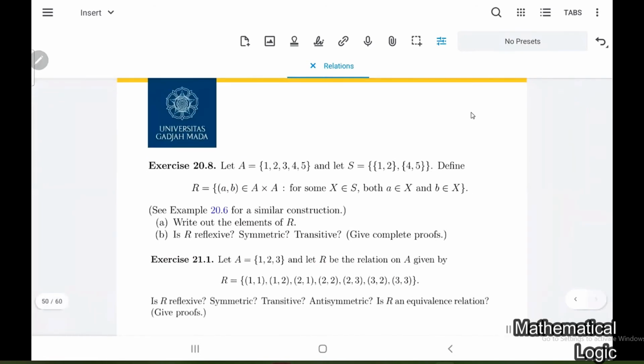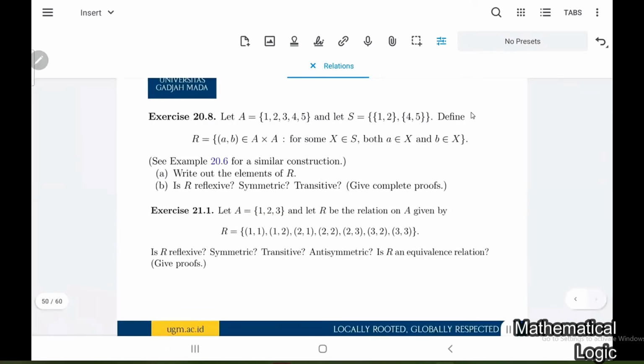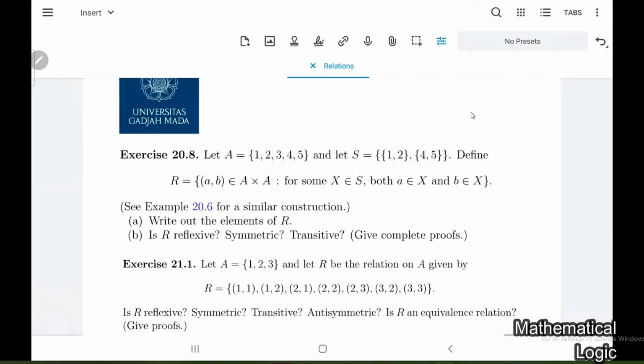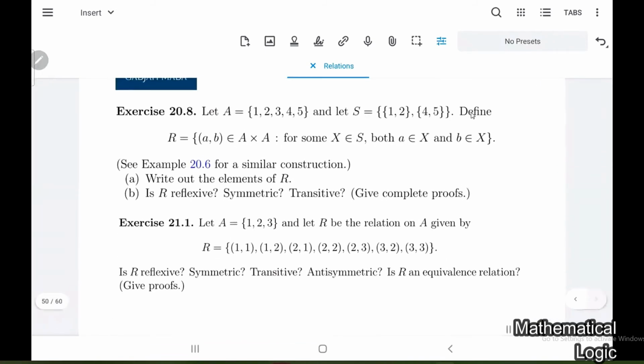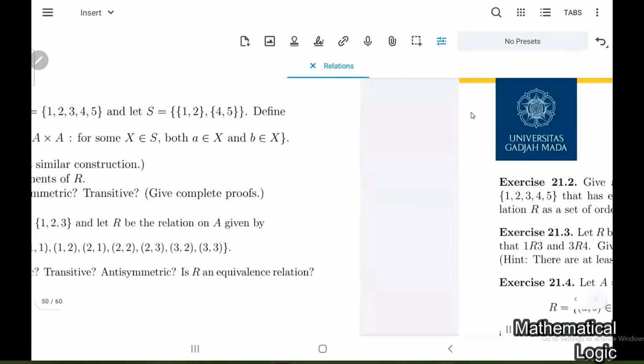Do you want 20.8 or jump to 21 point something? This one is almost the same, right? I think it is more effective if we go a little bit further, because you can try by yourself.